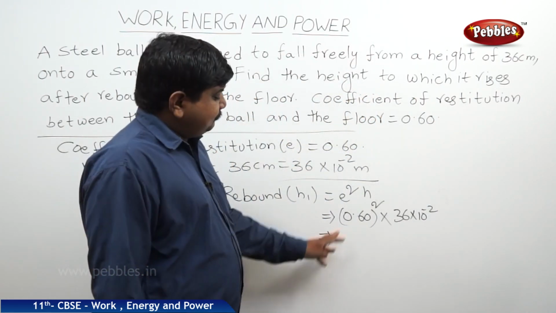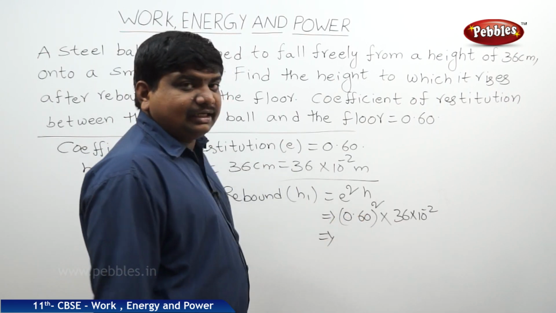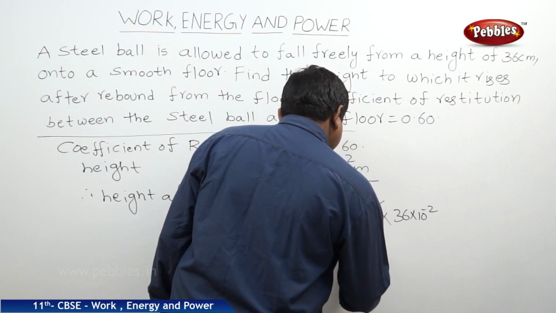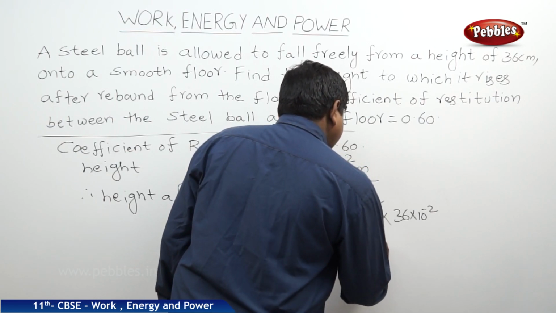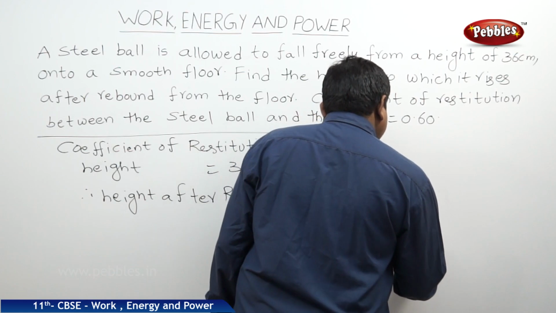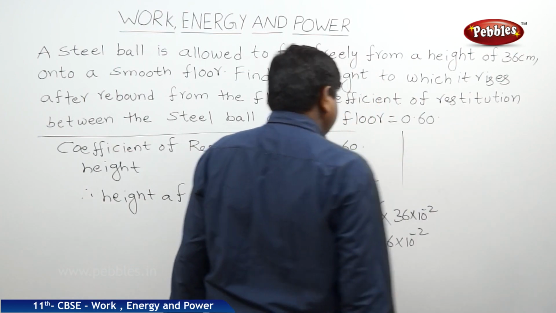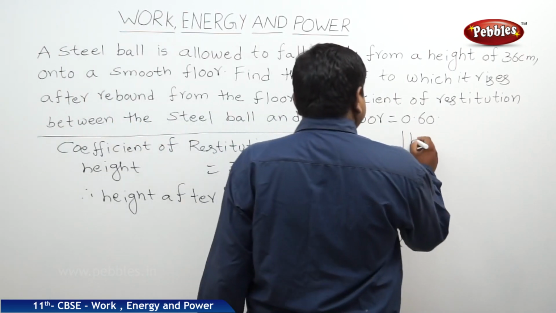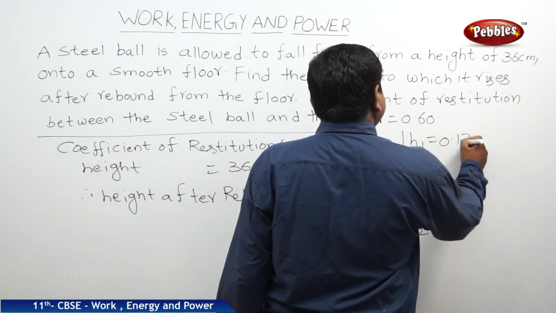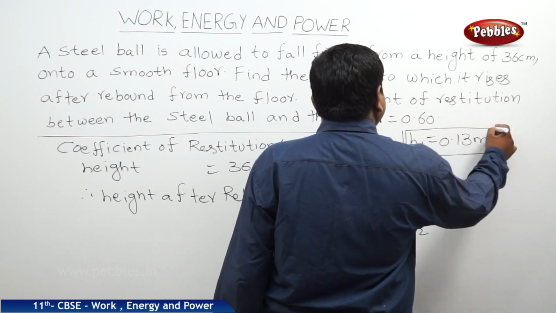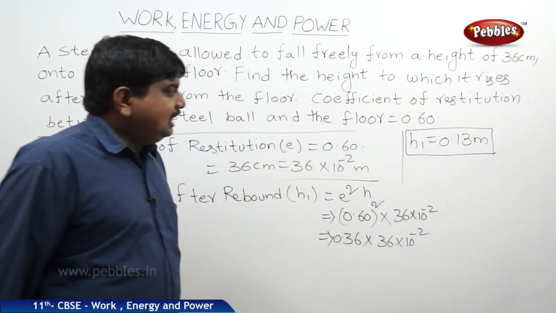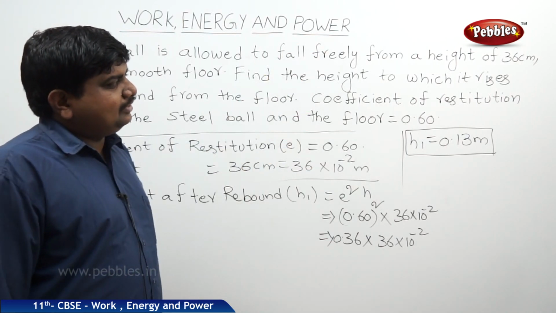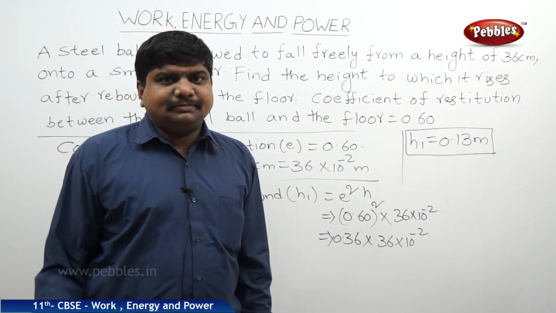So it is 0.6 into 0.6, so simply 0.36 into 36 into 10 to the power of minus 2. Approximately we will get 0.13 meters. So after the first bounce, it will reach some 0.13 meters. Initially it is at a height of some 0.36 meters.